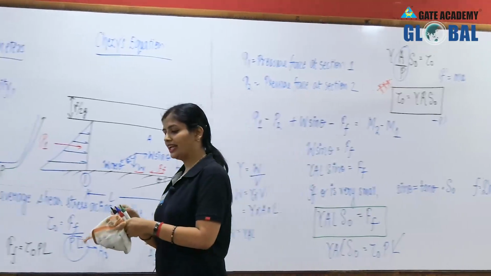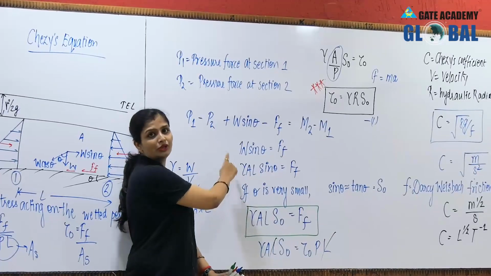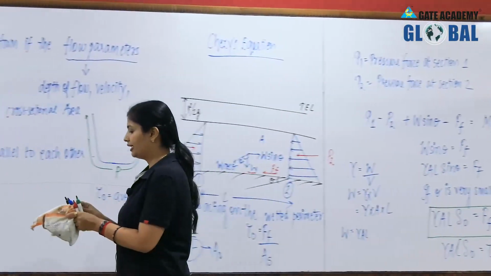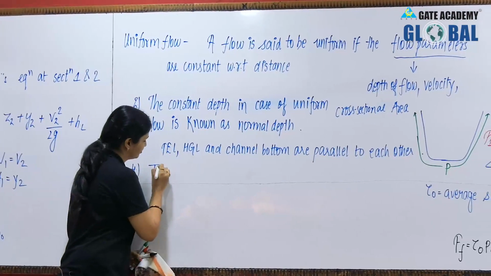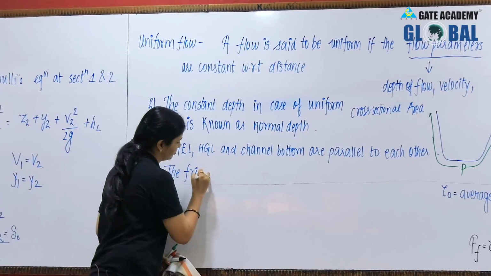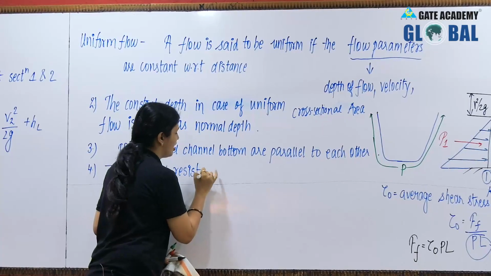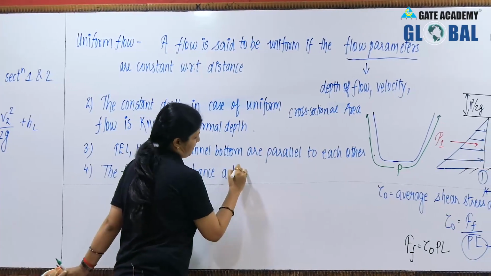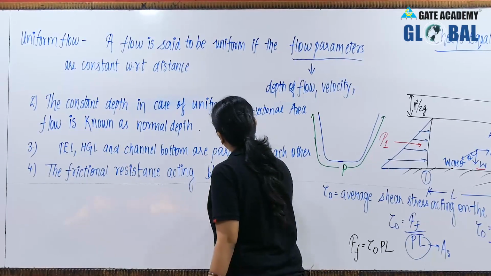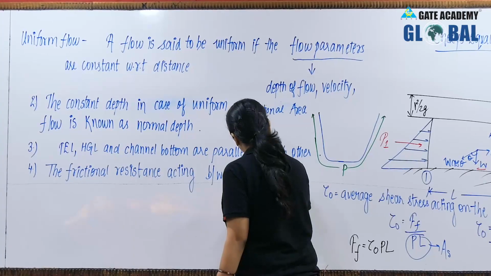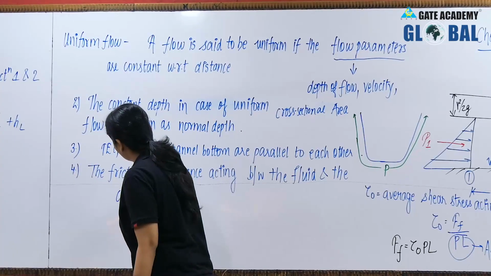So, you can write in case of uniform flow, because you got this result for uniform flow. So, I can write it, the frictional resistance acting between the fluid and the channel boundary is balanced by what?